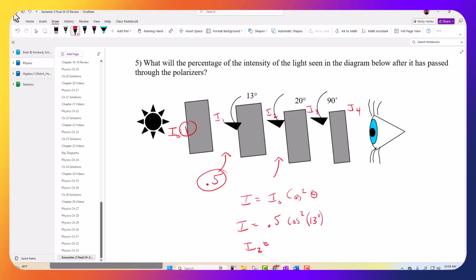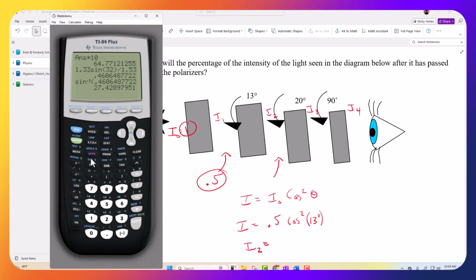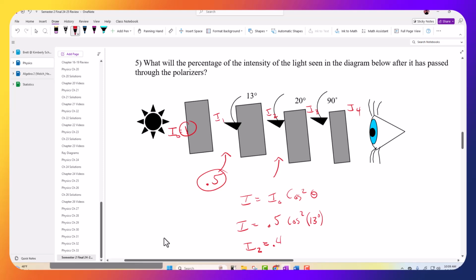If we type into our calculator 0.5 cosine of 13 parentheses squared, we're going to get 0.475, roughly speaking. And when we come to the next one, it's going to be 0.475 cosine squared of 20 degrees.